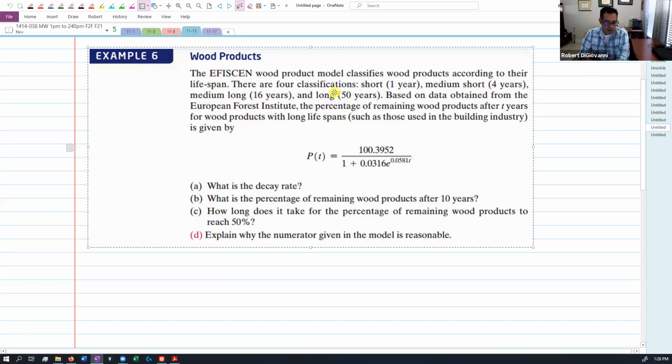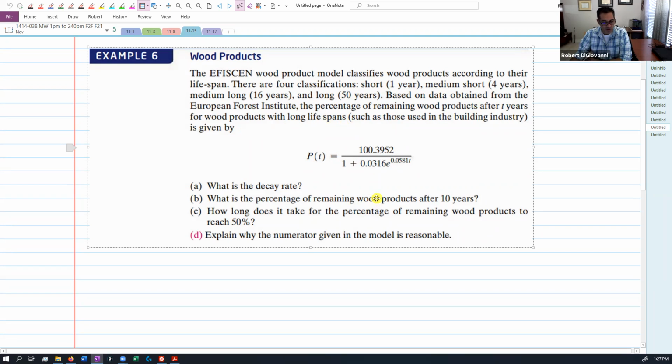And there's 4 classifications: short, medium, long, and very long. This is how long wood products will last. Based on the data obtained from the European Forest Institute, the percentage of remaining wood products after T years for wood products with long lifespans, such as those used to make buildings, is given by this logistic model.